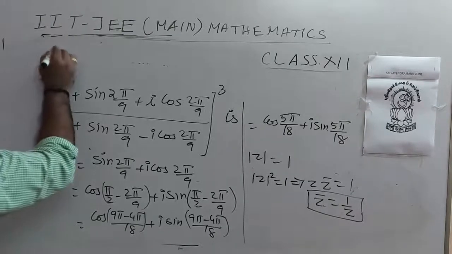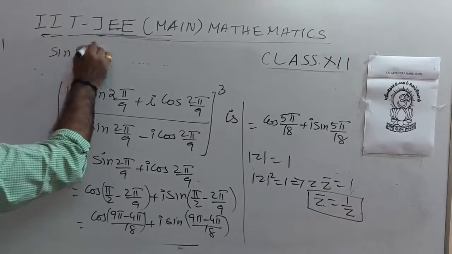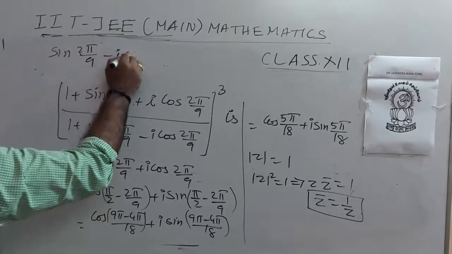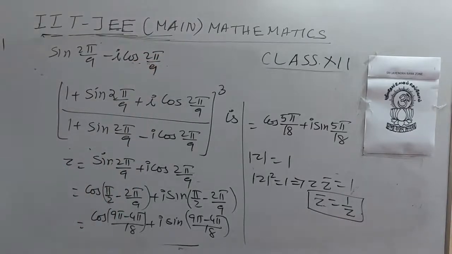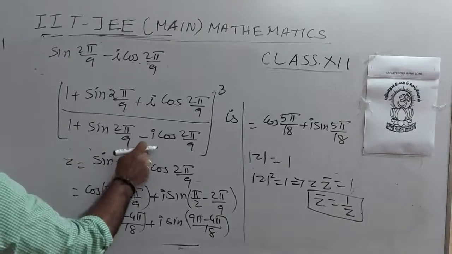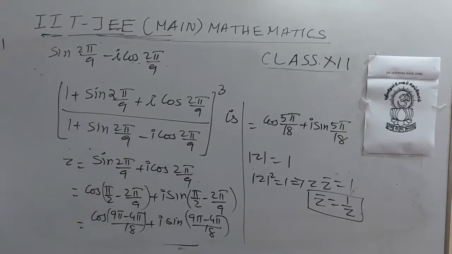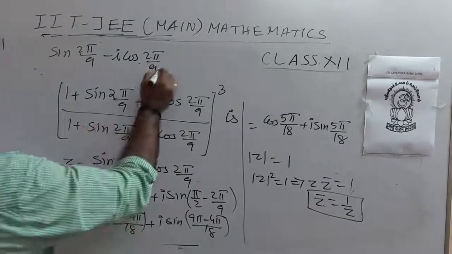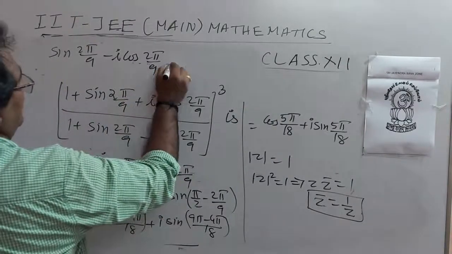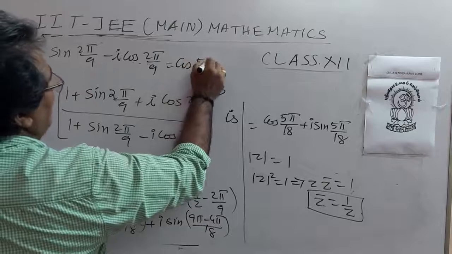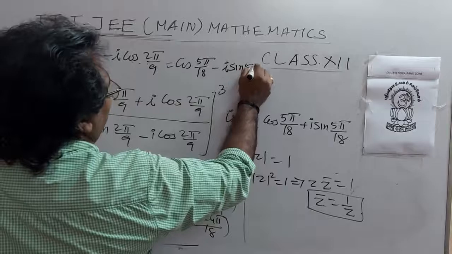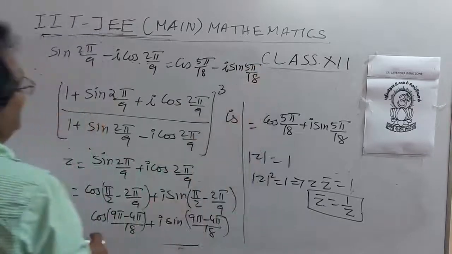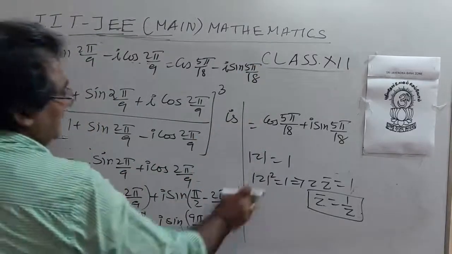So we can write sin 2 pi by 9 minus i cos 2 pi by 9. Here there is a change in sign only. Therefore, this should be equal to cos 5 pi by 18 minus i sin 5 pi by 18. We have reduced this to this term.